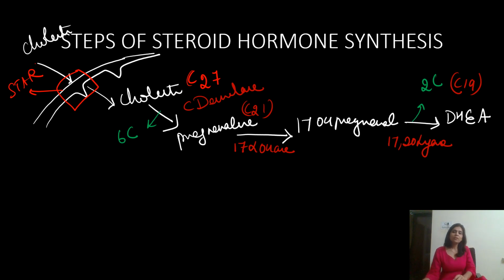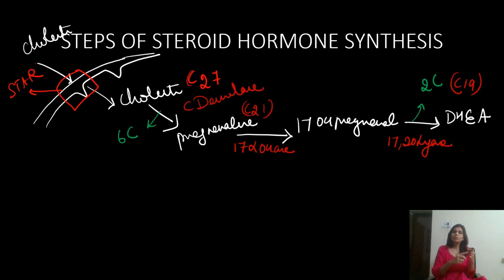And how do you convert these androgens to estrogens? By the action of aromatase. And that aromatase removes 1 carbon atom. So all estrogens, estrone, estradiol, estriol, they are all C18 steroids. Whereas the remaining, what is remaining? The other steroid hormones would include progesterone, right? It also includes aldosterone.